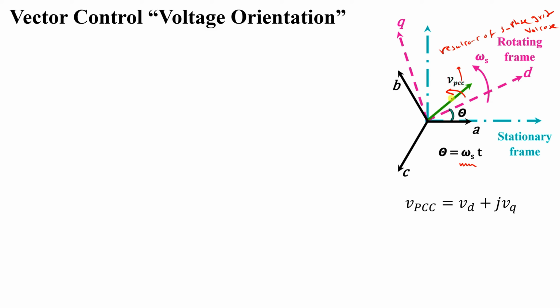So what exactly is the angle that VBCC makes with phase A? If we draw the resultant vector V like this, you will find that the angle formed with phase A, or with beta, since they are oriented above each other, theta here is equal to omega s multiplied by t.